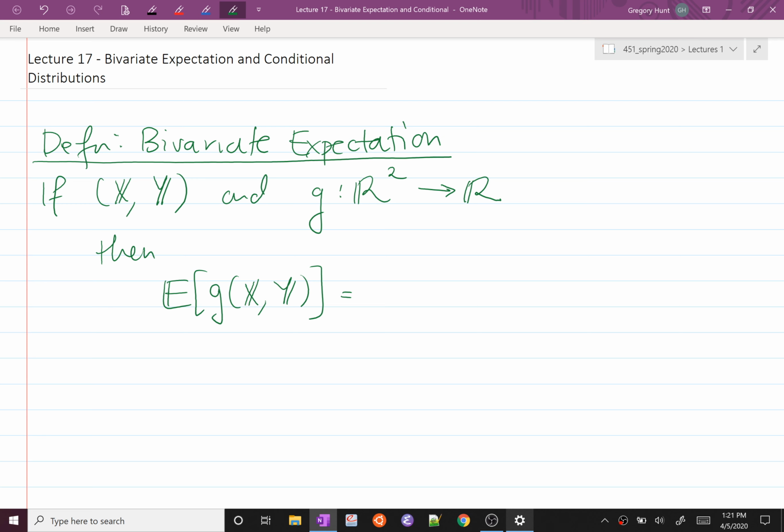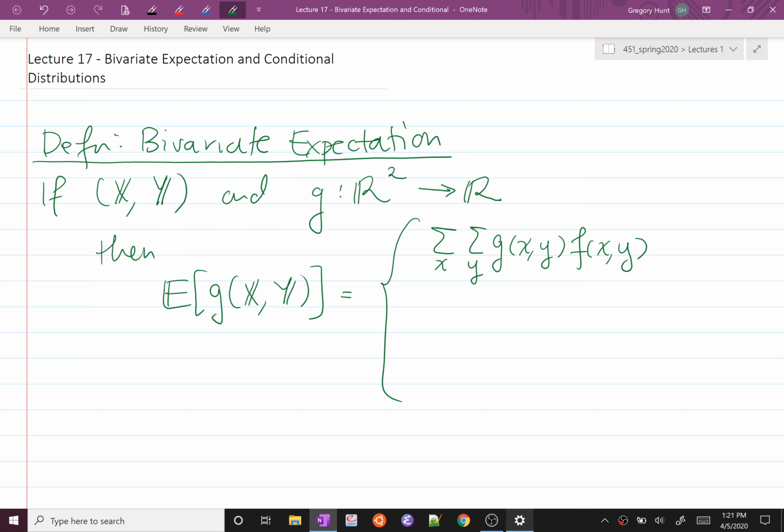as, well, there are two cases here. In the discrete case, it's going to be the sum over x and the sum over y. So all values x in the support of x and y in the support of y, of g of x comma y times the joint PMF of x comma y.